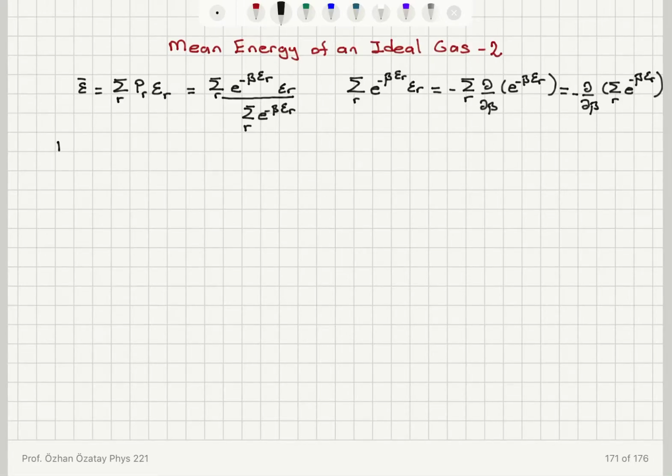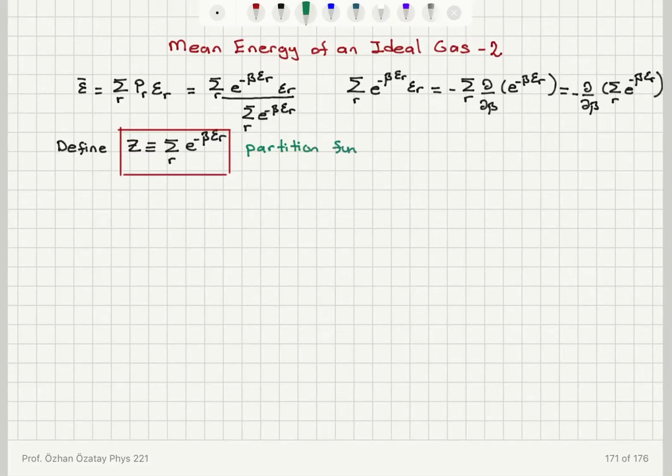I'm going to define capital Z as the summation over all possible states of e to the minus beta epsilon r. This is called the partition function.